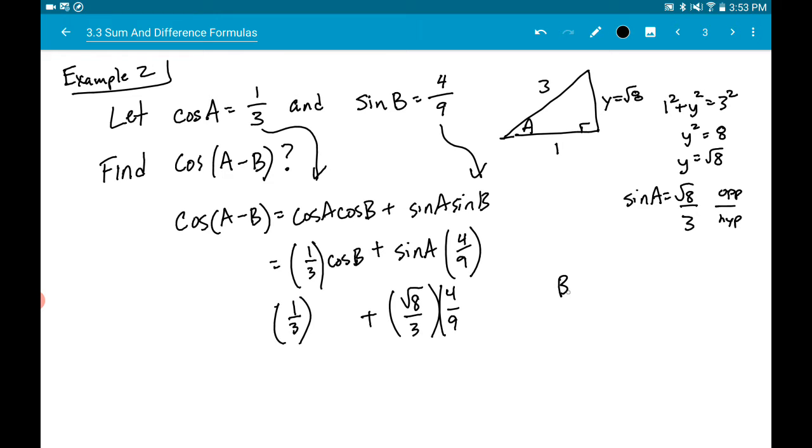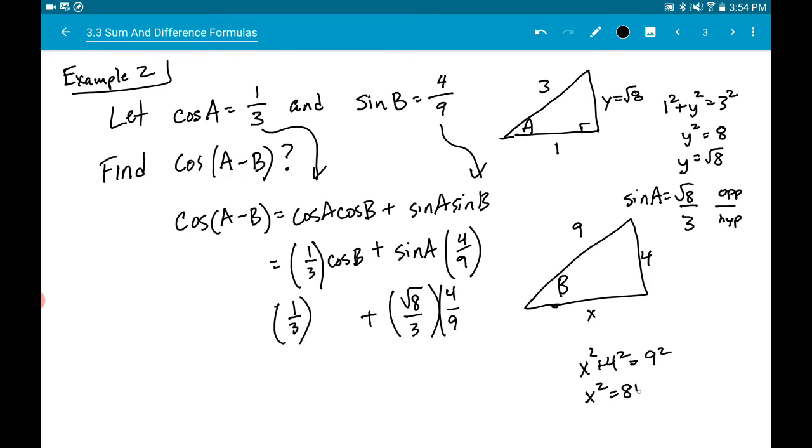So again, if I set up a reference angle for B, there we go. Sine is this. And now I need to find the adjacent side. So again, x squared plus 4 squared is 9 squared. Pythagorean is our friend.